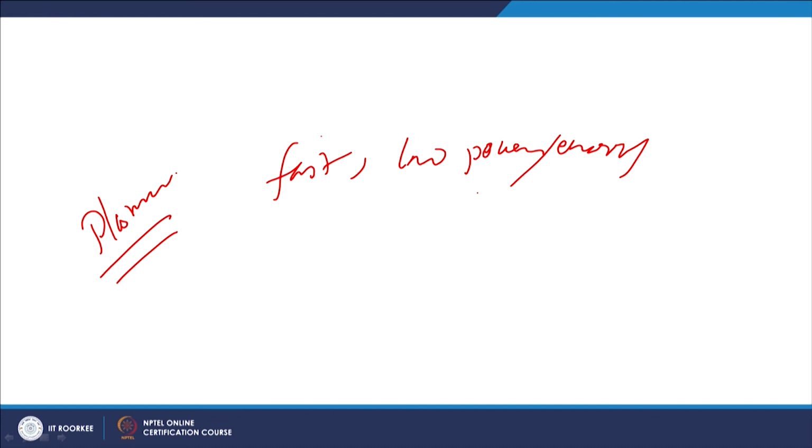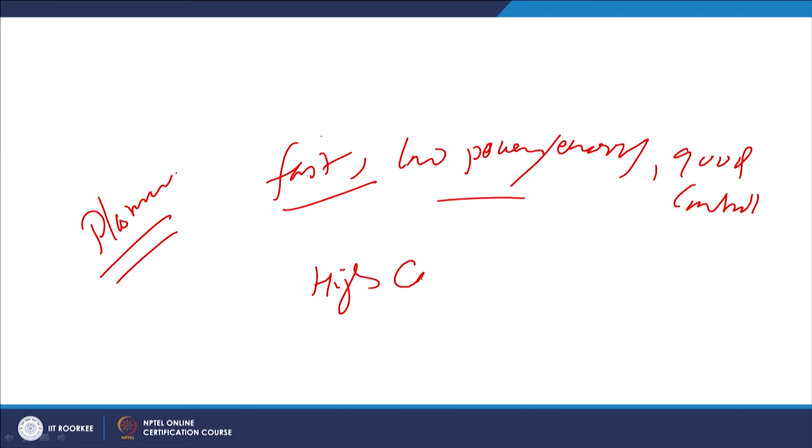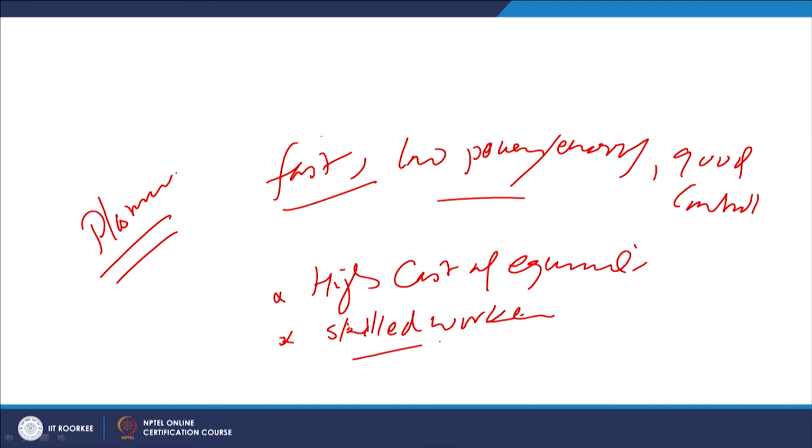So, the process is fast with low power consumption, but the initial high cost of equipment is one aspect. It also needs skilled or trained people for performing plasma nitriding.